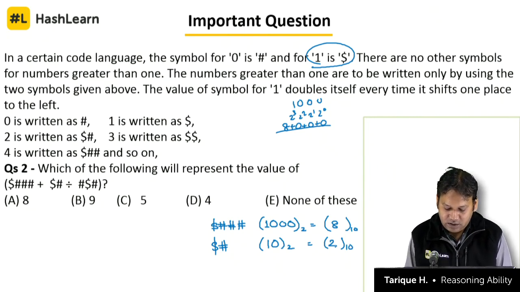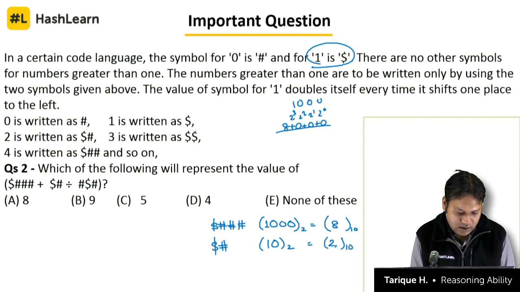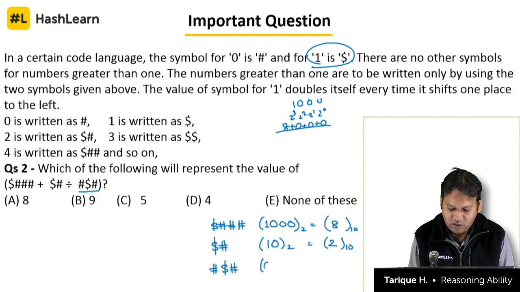Now the next number is hash dollar hash. We know that hash is 0 and dollar is 1, so 010 is also equal to 10, because this 0 is not of any importance to us.